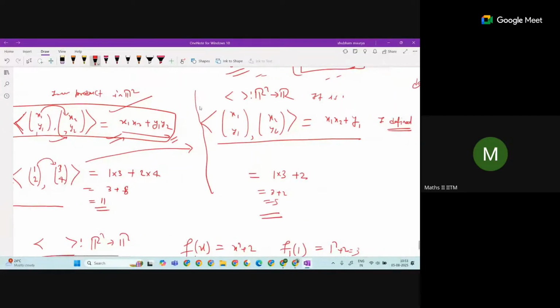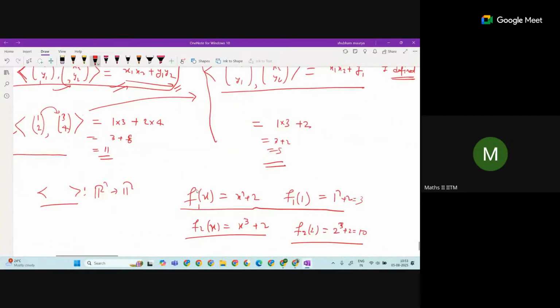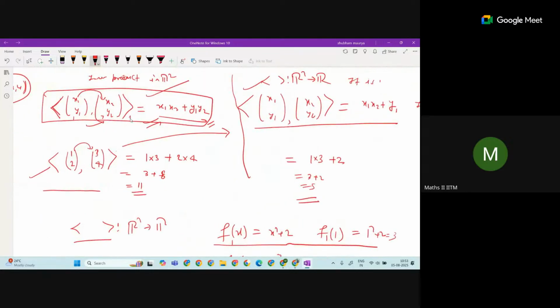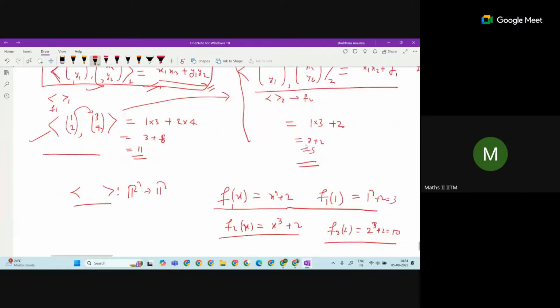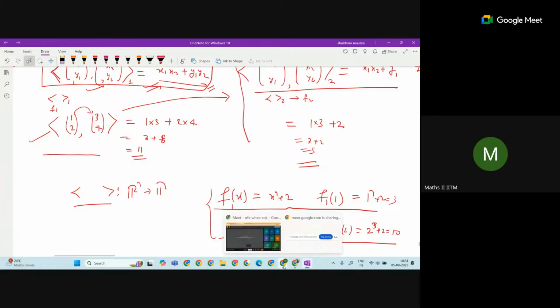It looks the same, but I can distinguish it: let's say this is inner product 1 and this is inner product 2, exactly like f1 and f2. No differences here. If you are getting confused with this notation, don't hesitate with the notation.